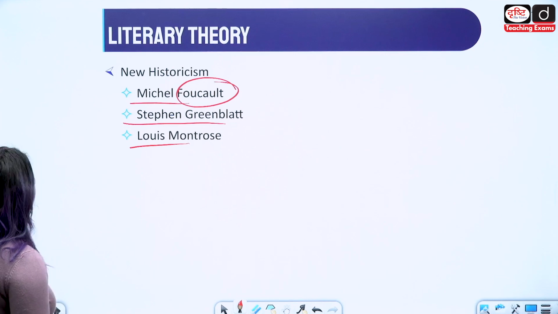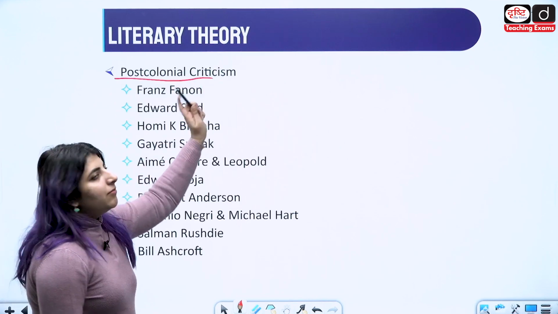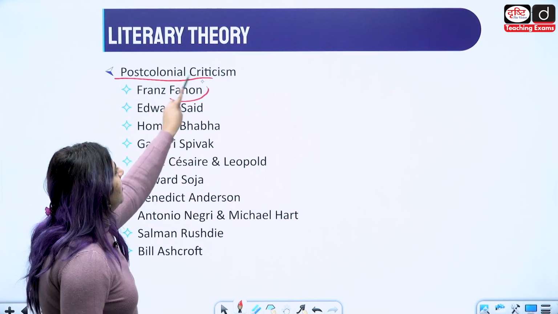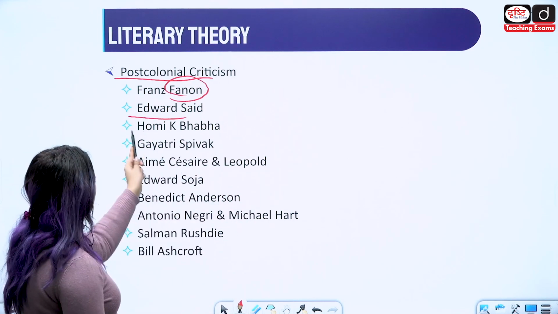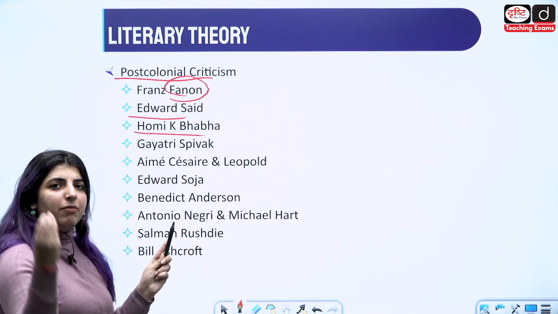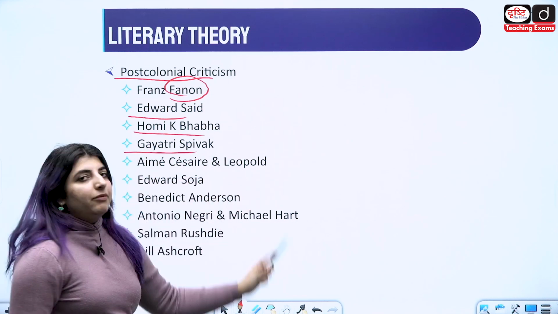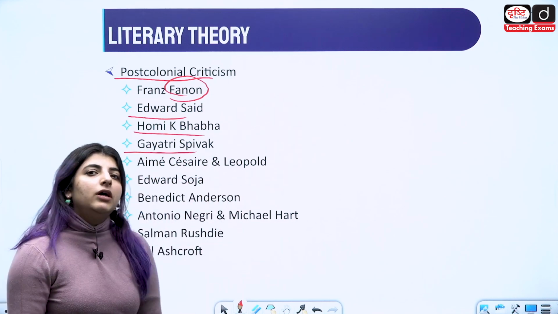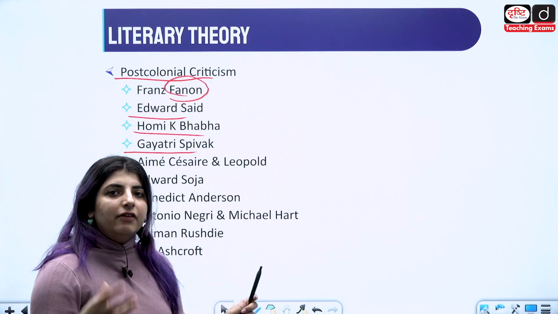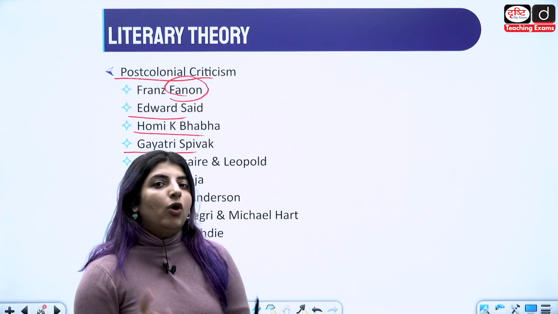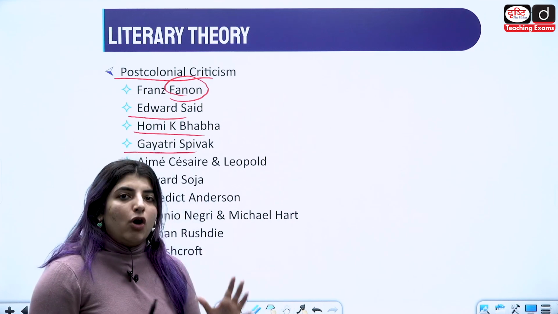Then we have post-colonial criticism with thinkers like Fanon, Black Skin, White Masks, Edward Said, Orientalism, Homi K. Bhabha with his theory of hybridity and all. Gayatri Spivak with the theory of subaltern and the work named Can the Subaltern Speak? She has also translated the works of Mahasweta Devi and also translated Derrida's Of Grammatology.